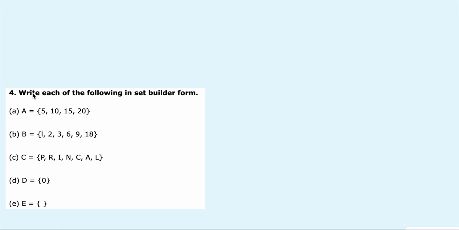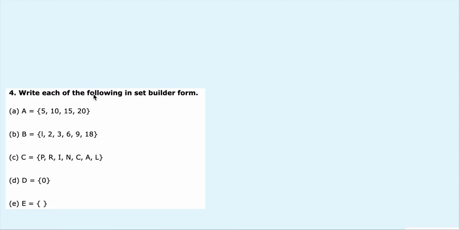Okay, so in this one, it says write each of the following in set builder form, as mentioned before. So it says set A has 5, 10, 15, and 20. And so we could recognize right away that these numbers here are multiples of 5.